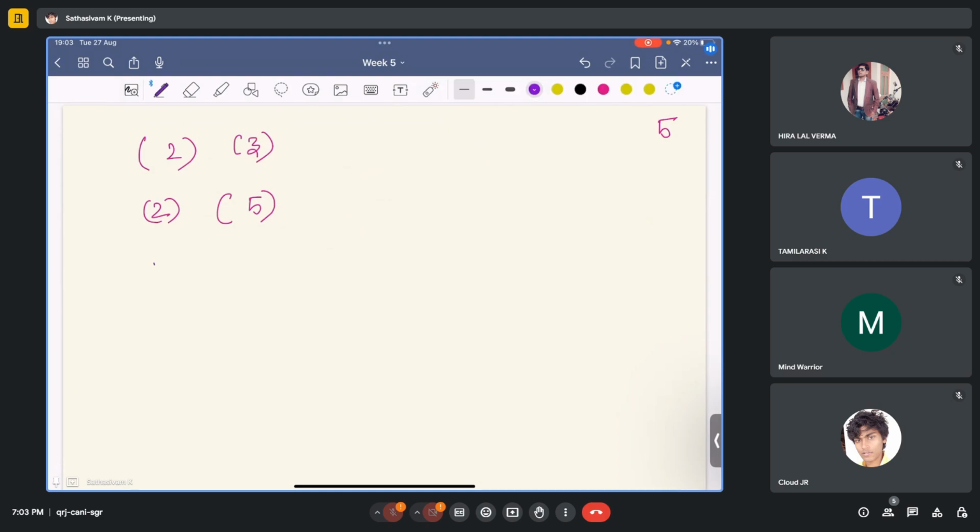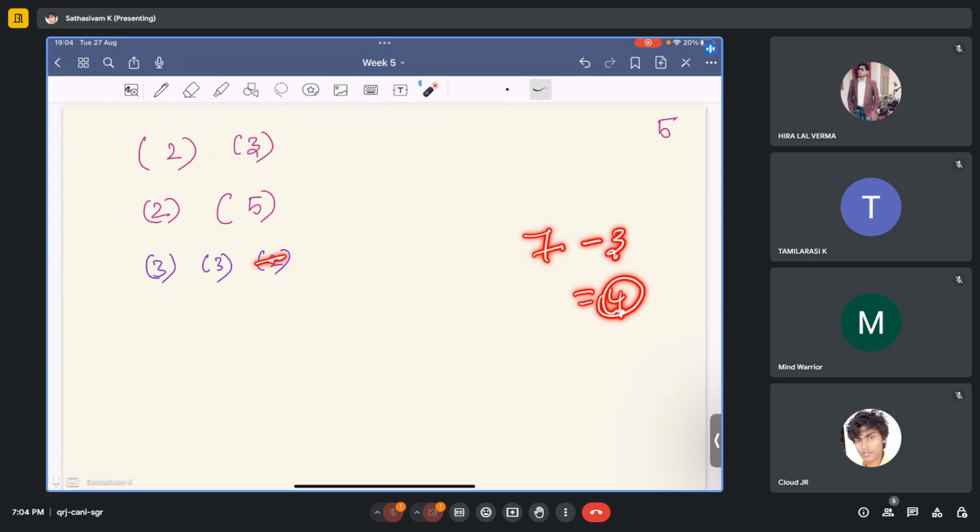Let's say one cycle is a 3 cycle. What are the possibilities? You can put another 3 cycle, or another 2 cycle, some combination of 3 cycles and 2 cycles, because you are working with S7 and already 3 elements are used, so 4 elements remain.